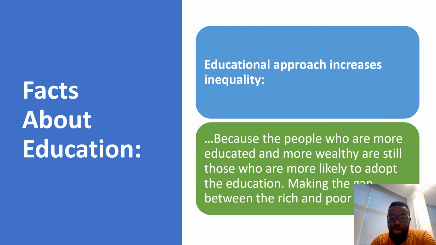So people who are more educated, healthier and wealthier are still those who are more likely to adopt the educational measures that you give to them.